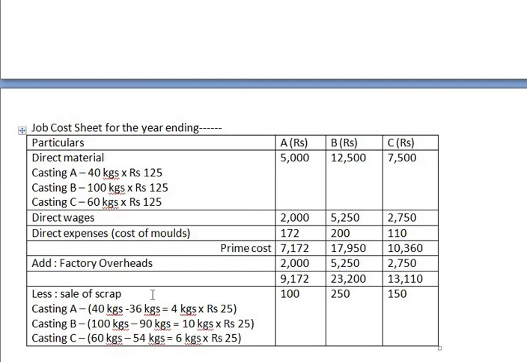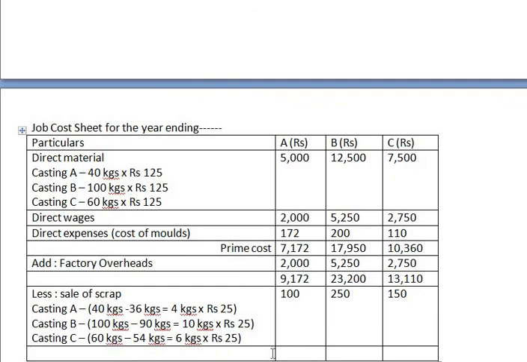If you don't want this calculation, then whatever kgs they have introduced into 10% will give you how many kgs is wasted, or how much is scrap. Okay, yes. Now administrative overheads is not given, right? Then sales and distribution overheads is not given. Okay, so this itself is our answer.